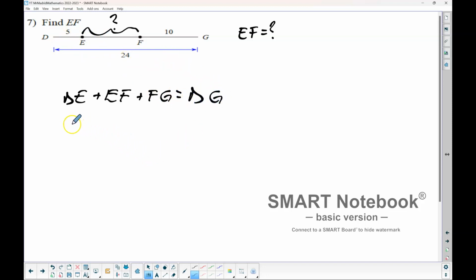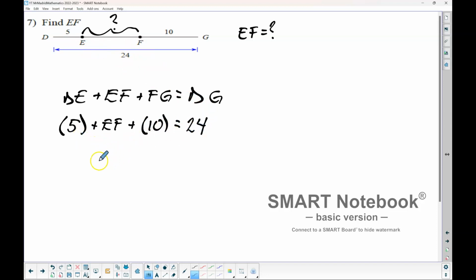So let's go and substitute. We've got DE is 5, and every time you substitute in every math class you want to put in parentheses, it'll hook you up. It looks good, and it'll actually keep you from making mistakes a lot of times. EF we don't know, plus FG is 10, equals DG, which is 24.